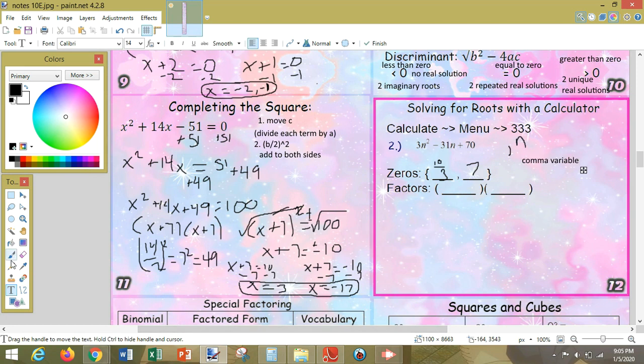So from here we have our zeros, but to get our factors, we put n and n. And instead of a 10 over 3, we put minus 10 over 3. And instead of a plus 7, we put minus 7.